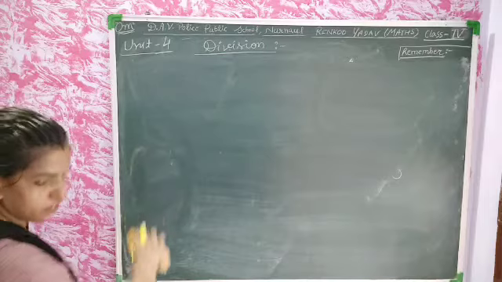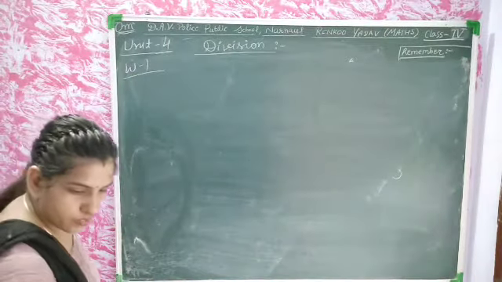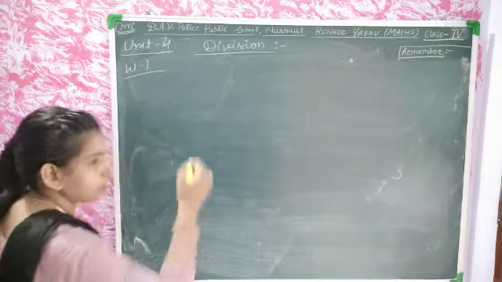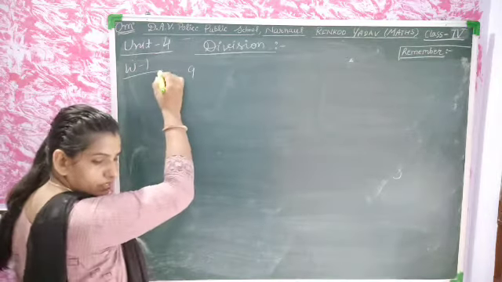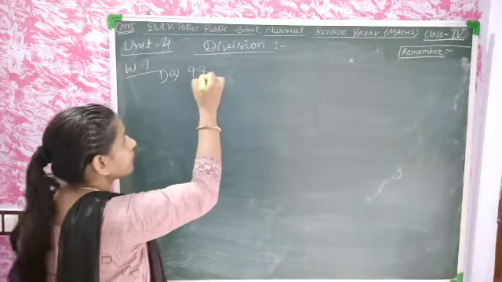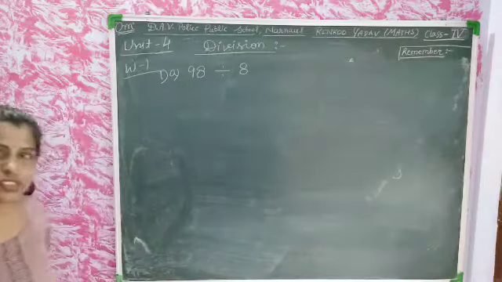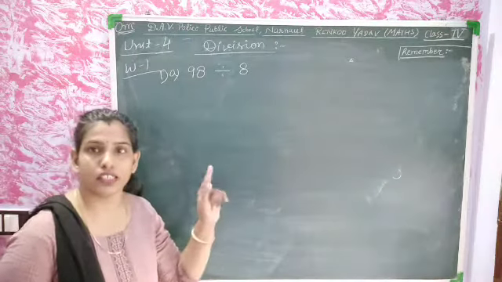Now there is worksheet 1. In worksheet 1, divide and check your answers. There is a question. Part 1, question number 1, part A. 98 divided by 8. Is this clear, students? First we have to divide here, and then we will check.